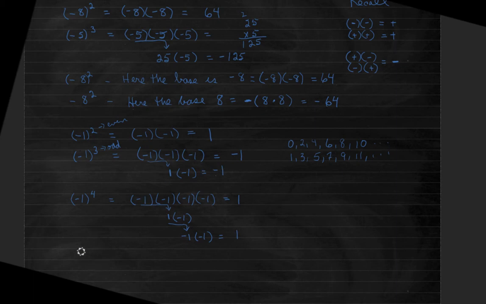So what do you expect the negative 1 raised to the 5th power will be? Because 5 is odd, then it will be a negative 1. And a negative 1 raised to the 6th power will be a positive 1 because this 6 is even.